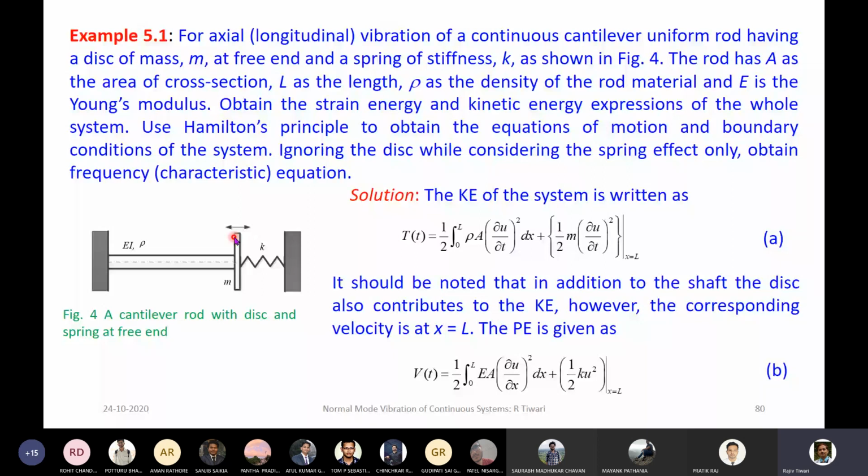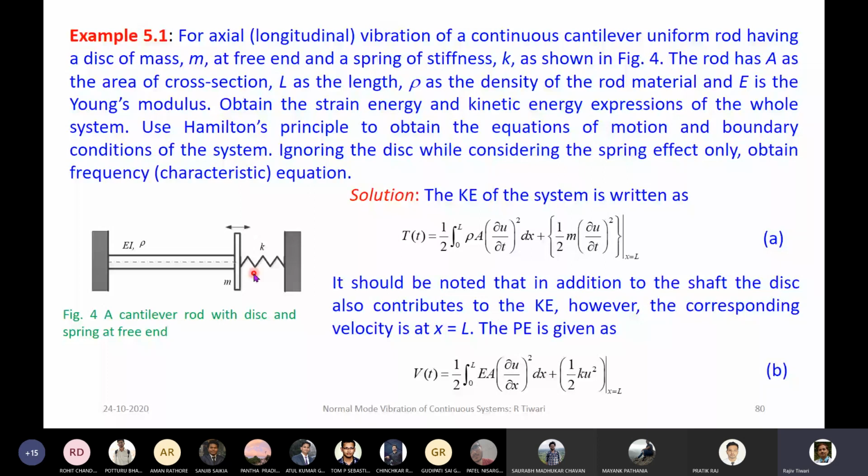The rod is having distributed mass, so we'll consider the shaft as the continuous system, and there is a disc and a spring at the free end. While vibrating, not only will this mass have vibration, but also the spring will compress. So they will be giving additional kinetic energy and potential energy, which we had in the axial rod case.